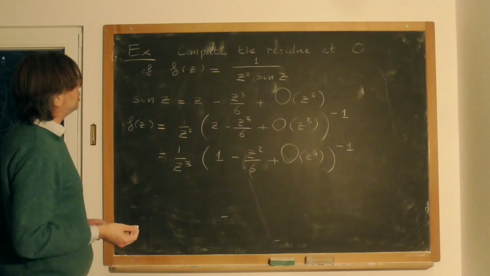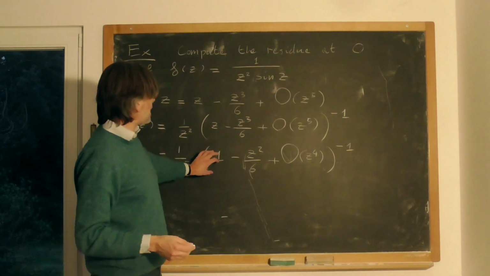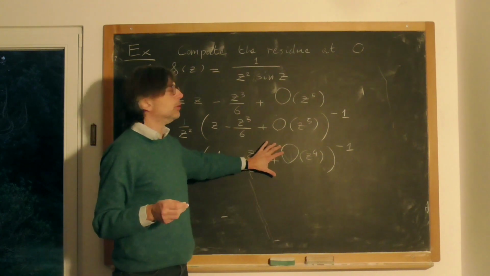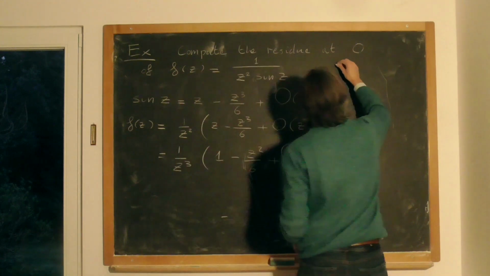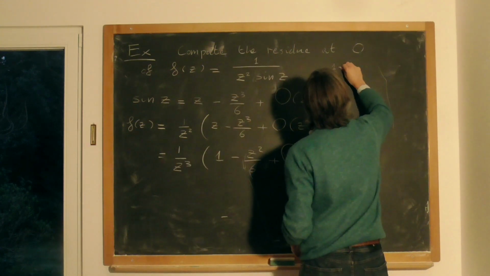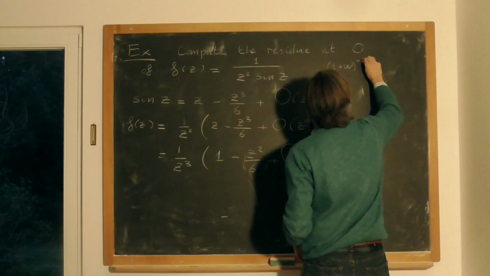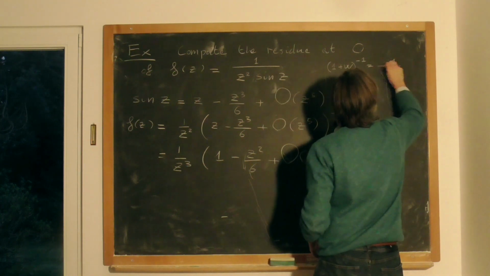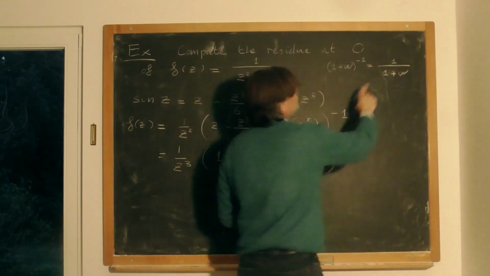And then we use, let me write it here. Also here we have 1 plus something small to the power minus 1. So we have something of the form 1 plus w, where w is small, to the power minus 1. Or if you want, it's 1 over 1 plus w.